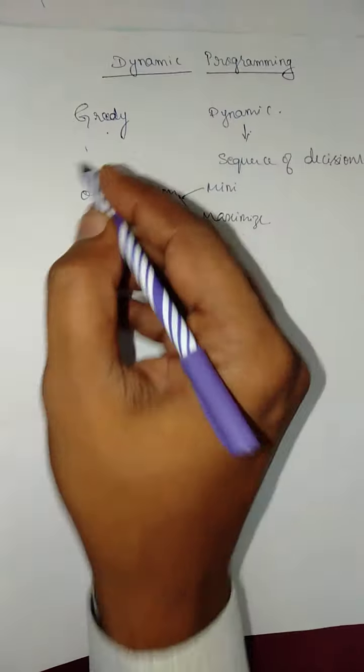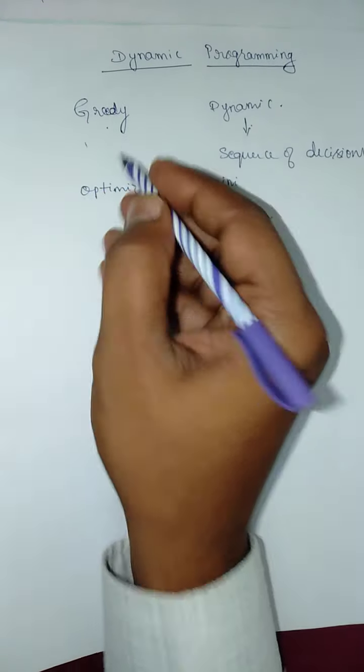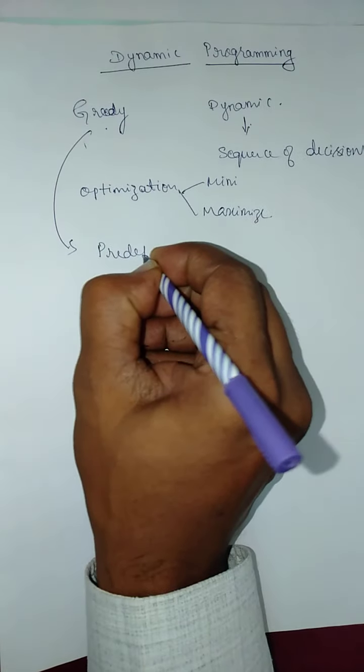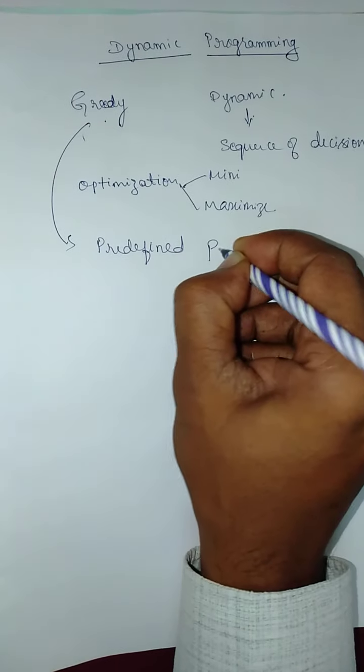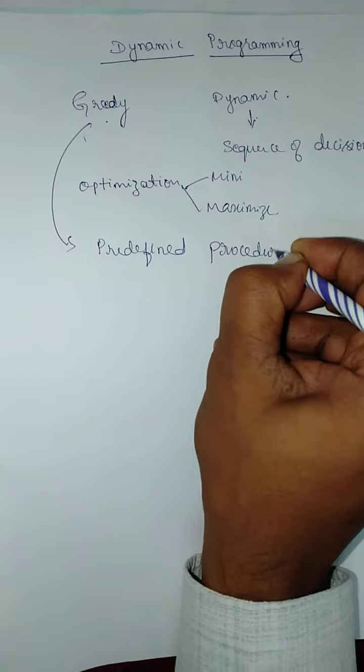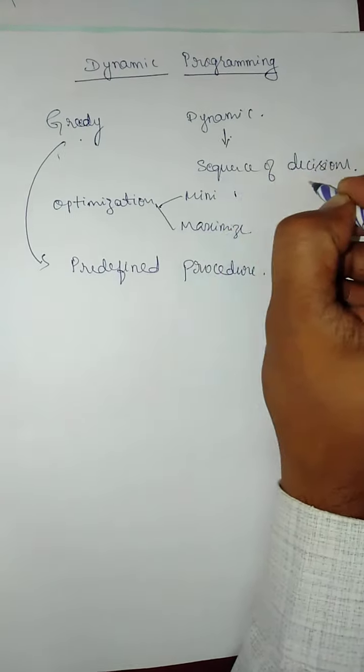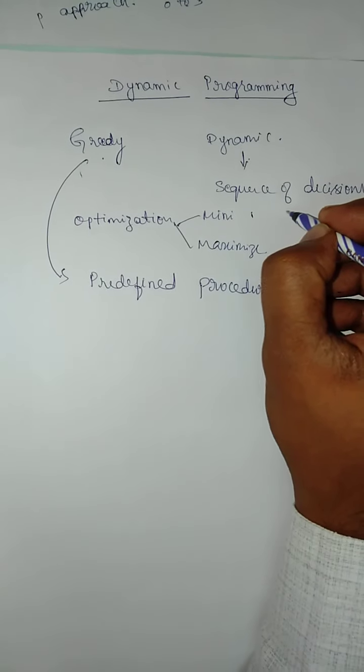In case of the greedy approach, there is a predefined procedure. However, in dynamic programming, there is a sequence of decisions that is taken.